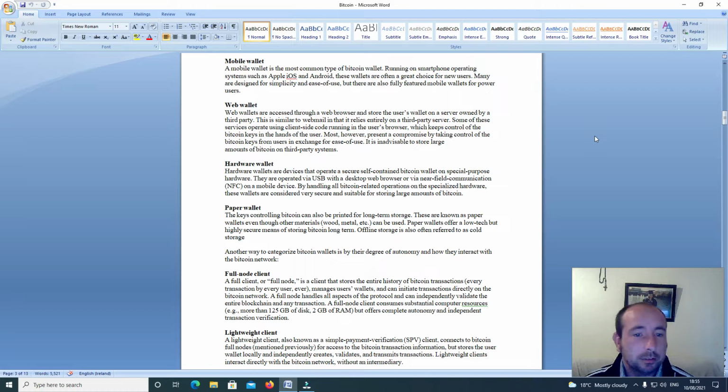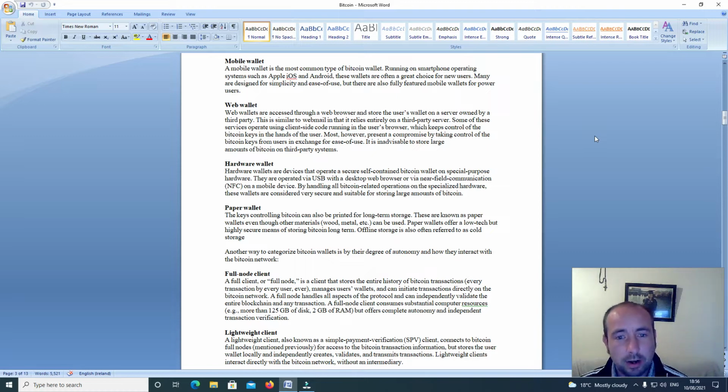Web wallets. Web wallets are accessed through a web browser and store a user's wallet on a server owned by a third party. This is similar to webmail in that it relies entirely on a third party server. Some of these services operate using client-side code running in the user's browser, which keeps control of the Bitcoin keys in the hands of the user.